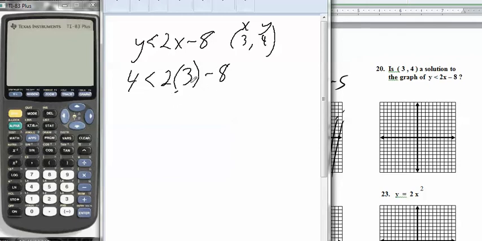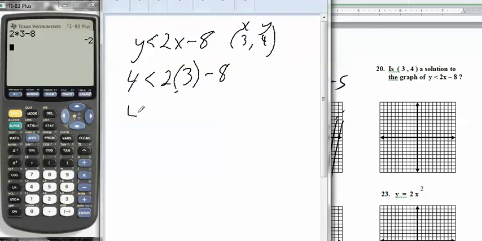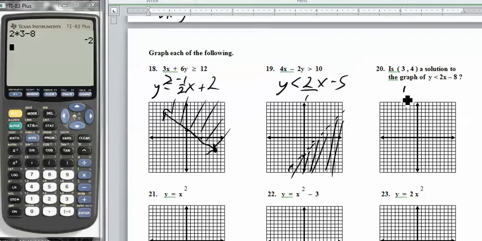And either do this by hand, or if you need to, you can just type it right in the calculator. 2 times 3 minus 8 is negative 2. So we're saying that 4 is less than negative 2, which of course it's not. So the answer to this then would be no. It is not a solution.